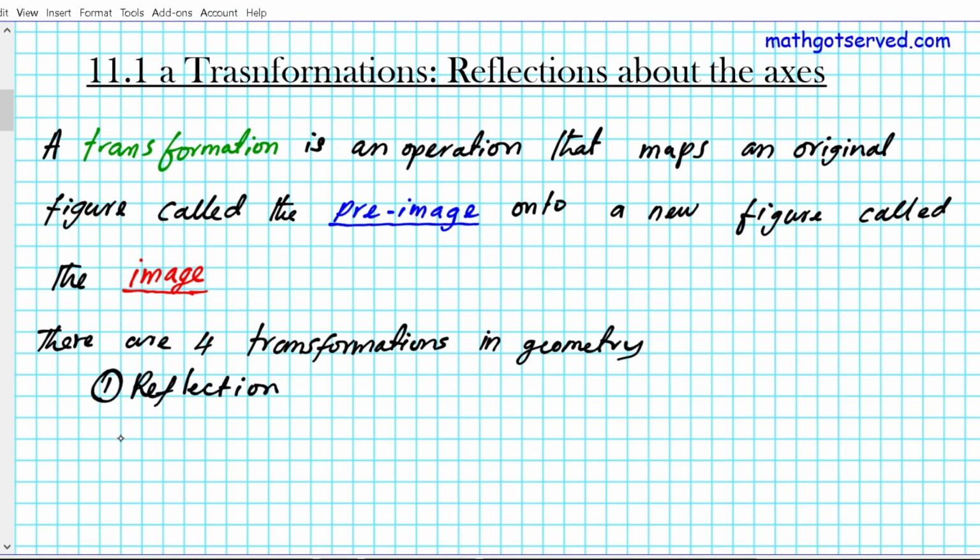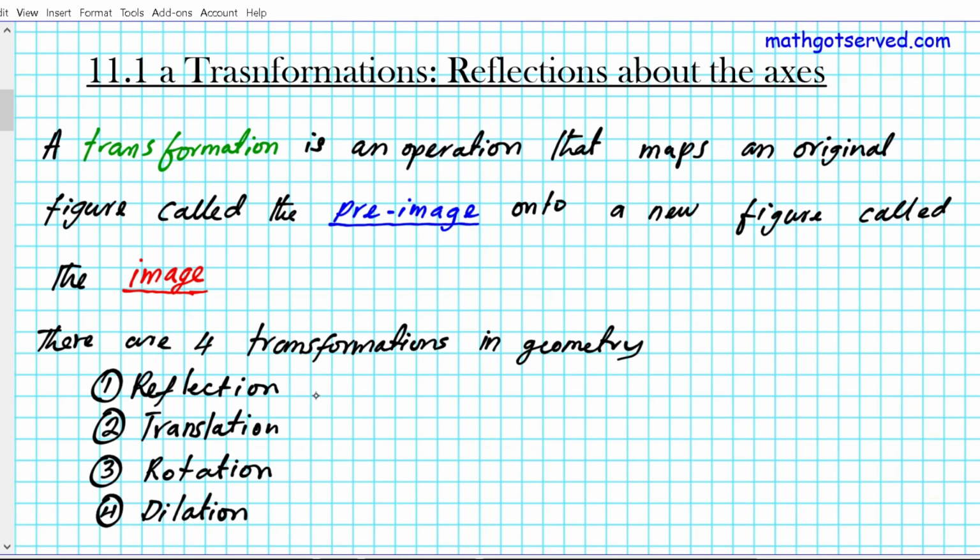The second is translation. This is just movement of an object around a coordinate plane. Then we have rotation, spinning an object around an axis of rotation around a point. And then lastly, we have dilation. Dilation is making an object bigger or smaller, enlarging it or shrinking it.